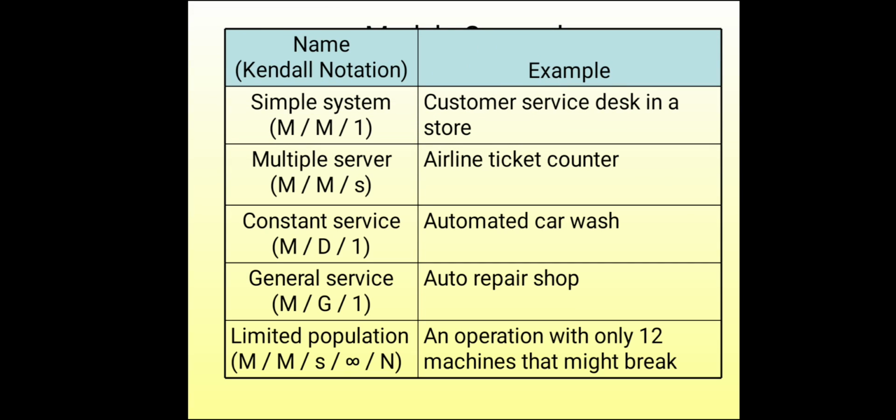Then constant service, that is M/D/1. This is a mixed queuing model. In this mixed queuing model, arrival rate is Poisson distributed while service rate is deterministic or constant.